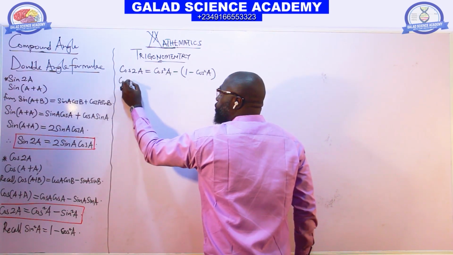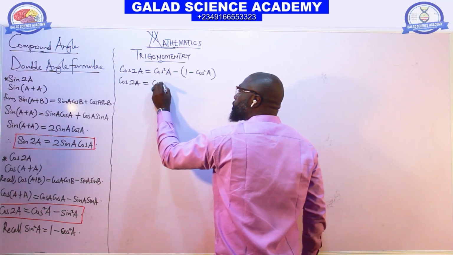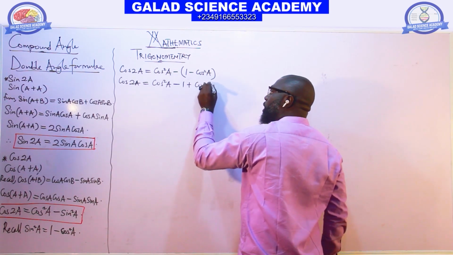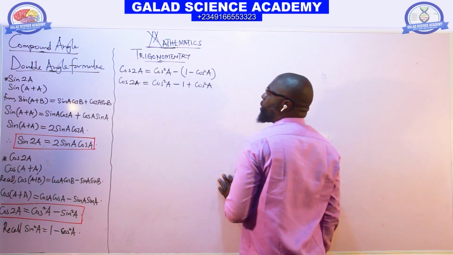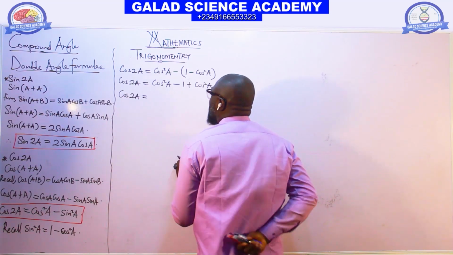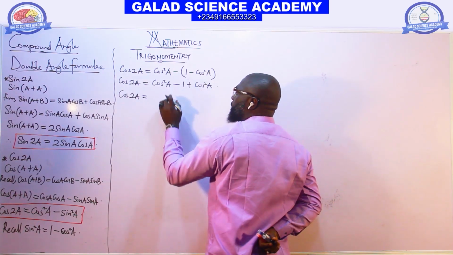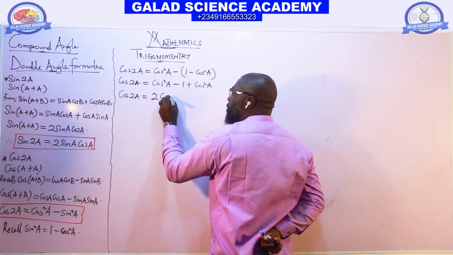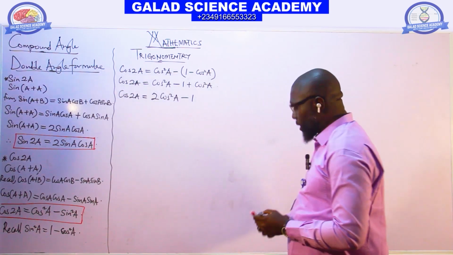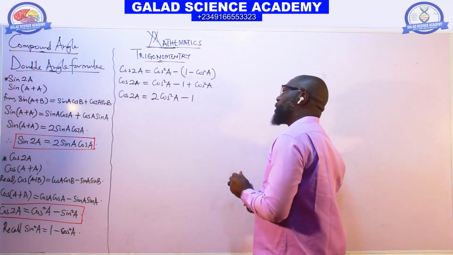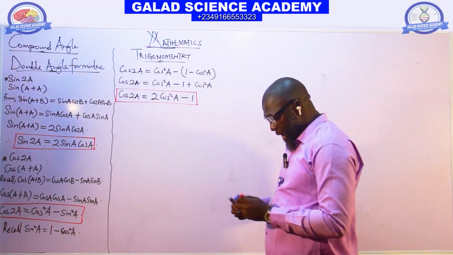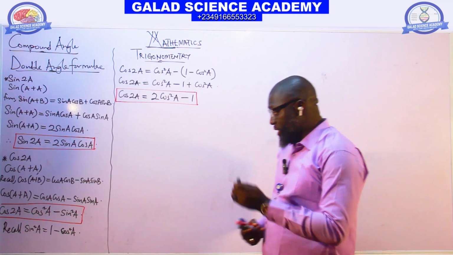You now have cos 2A equal to cos square A, open the bracket, minus 1 plus cos square A. So what do we do next? Cos 2A will be equal to, add it together, 1 plus 1, 2. You have 2 cos square A minus 1. This is another identity for cos 2A.